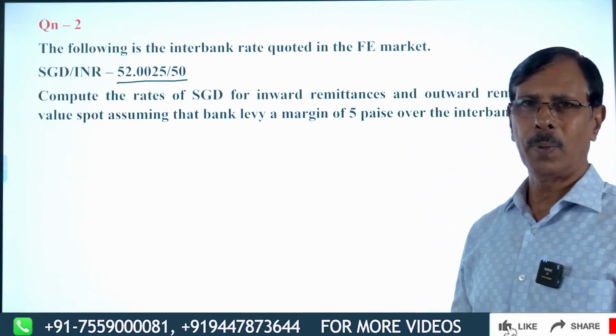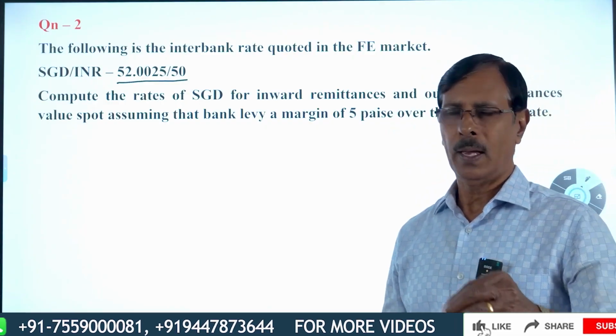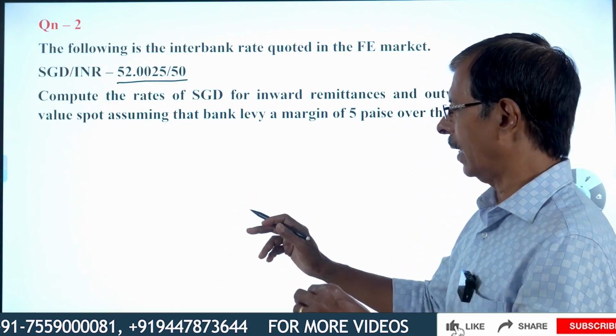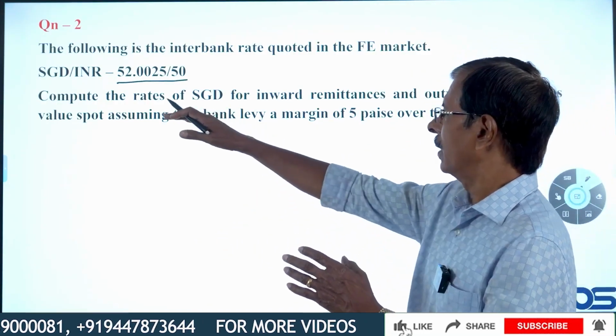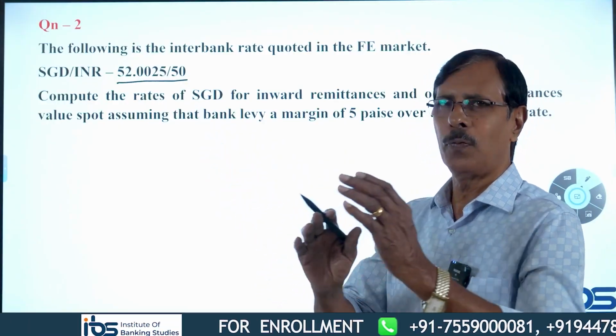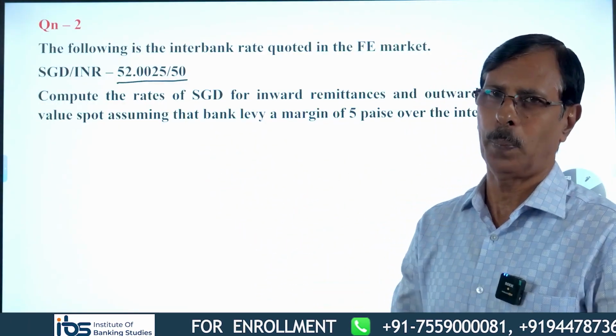The prevailing rate given to us is 52.0025/50. That means it is a two-way quote, and the first rate is the buying rate, the second rate is the selling rate. Here, this is Singapore dollar INR, that means the value of one Singapore dollar in terms of Indian rupee.